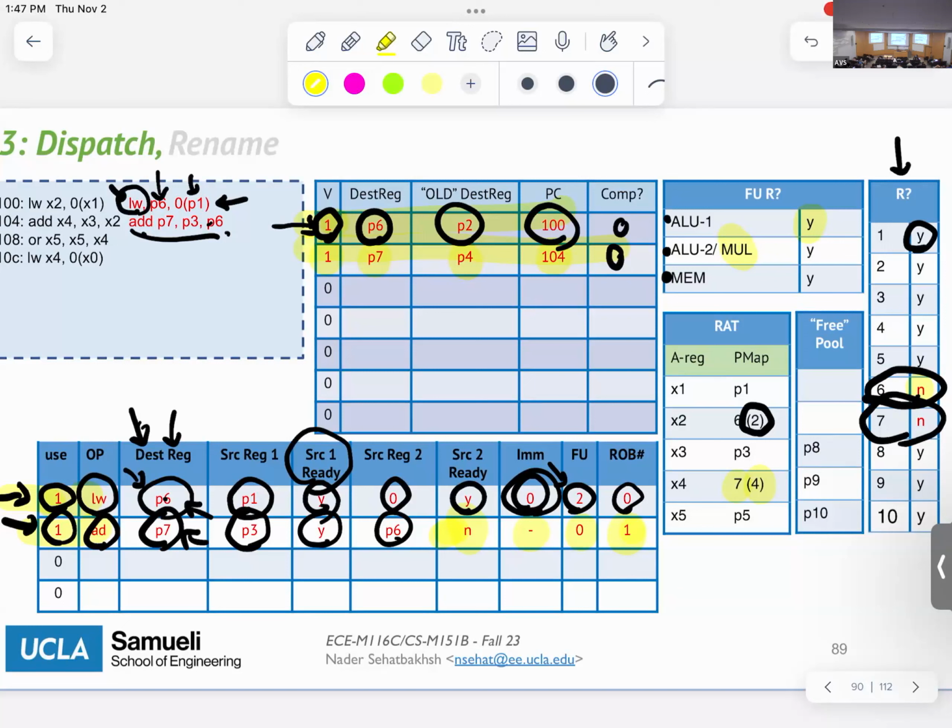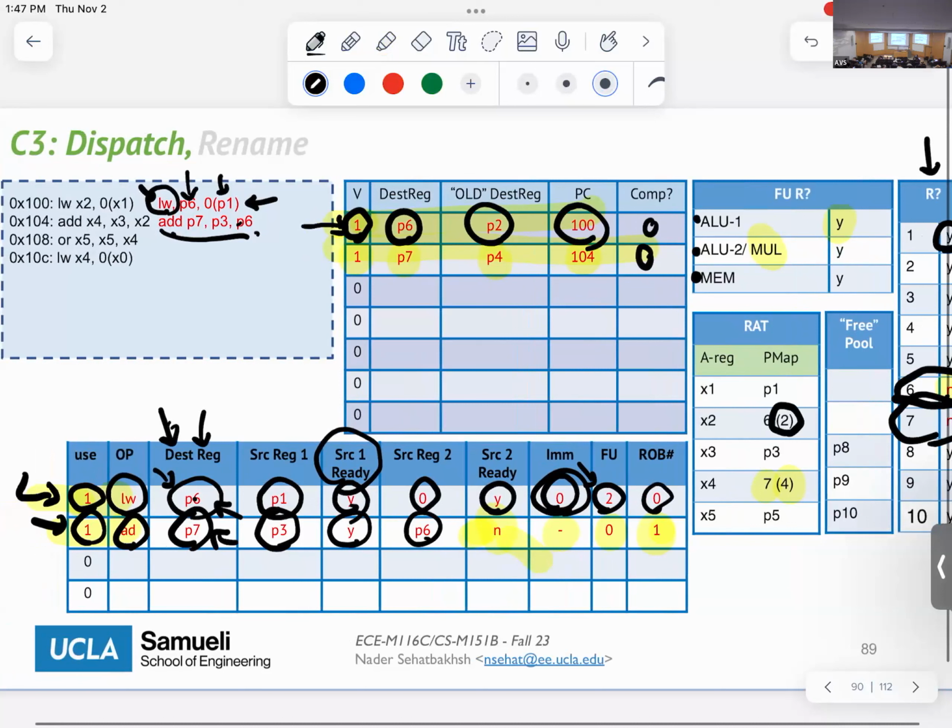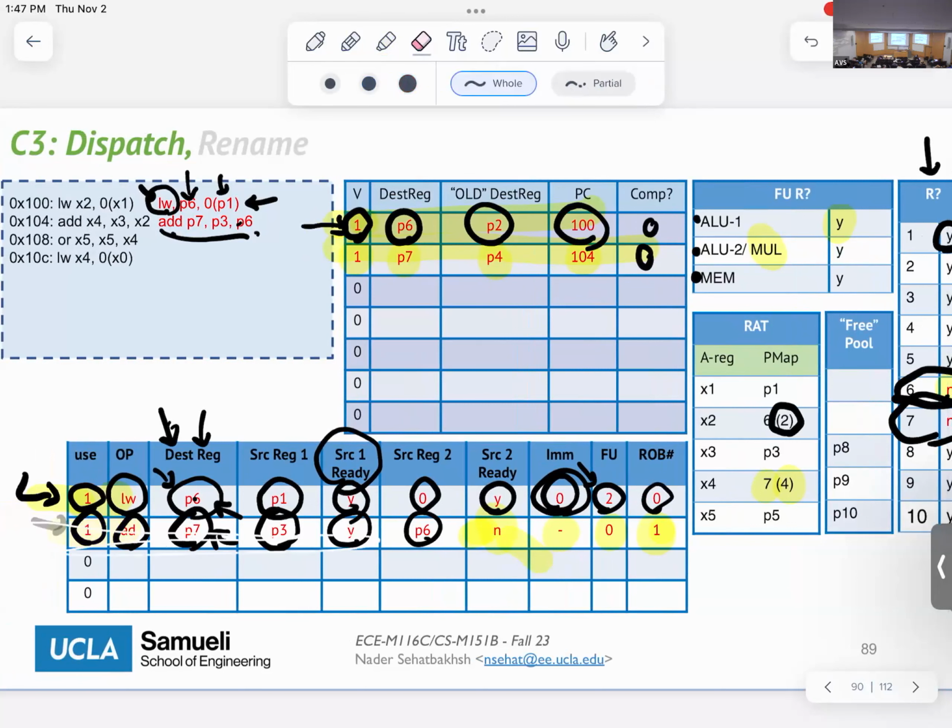How do we know that source 2 is not ready? So the question is about how we put no here. If you look at the first instruction, you see that it is using P6 as destination.